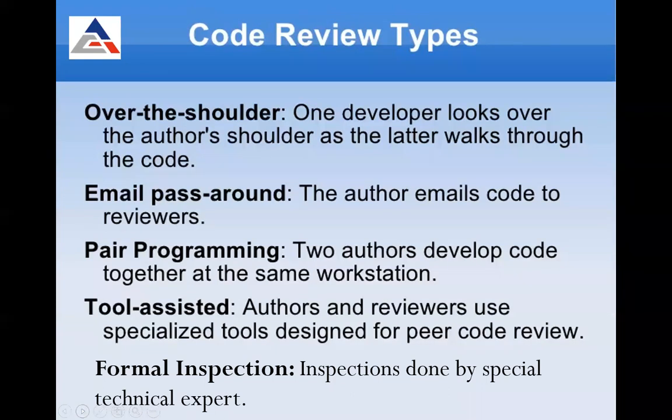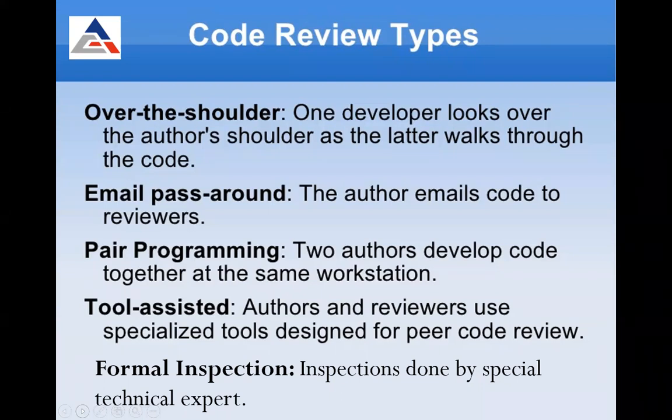He just takes a narrow look at your code, finds the error and wants you to rectify that error. That is called over the shoulder. One developer looks over the author's shoulder as the latter walks through the code. That means a general go through of the code, but not a deep study of that particular code.